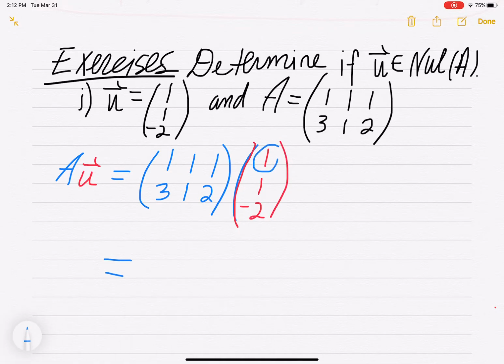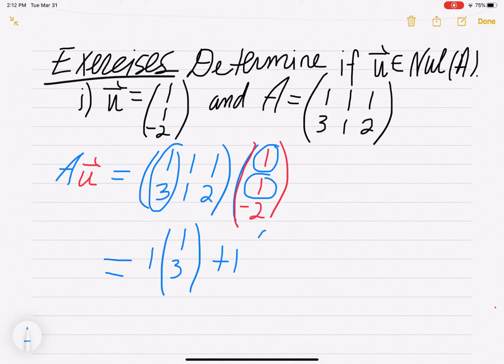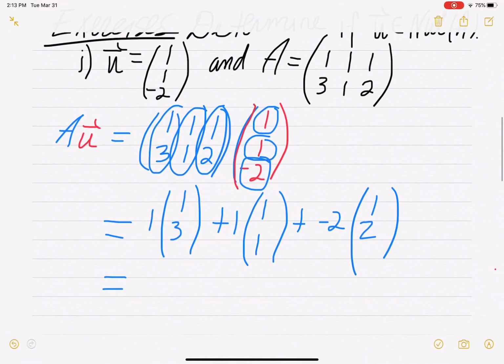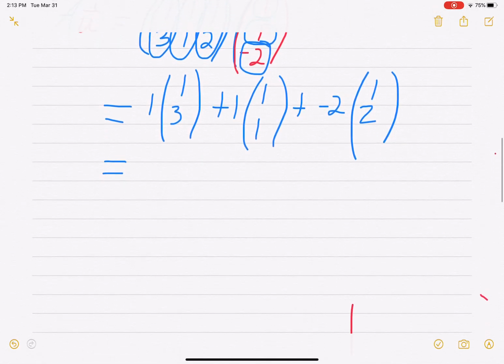You take the first entry of the vector times the first column, so 1 times 1, 3, plus the next entry, 1 times the second column, 1, 1, plus the last entry, negative 2 times the last column, 1, 2, and see if you get the 0 vector. If you get the 0 vector, then you're in good shape. If not, then you're not in the null space.